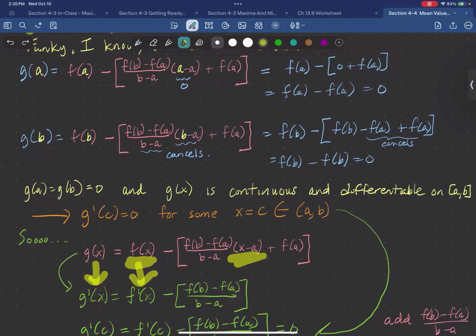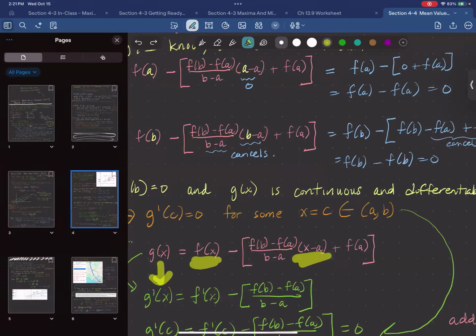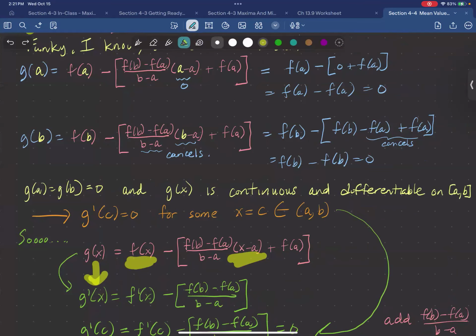And when we take the derivative of this, that's just 1. The derivative of that is 0. So we just get f prime of x minus our slope. Remember, that's our slope, m.